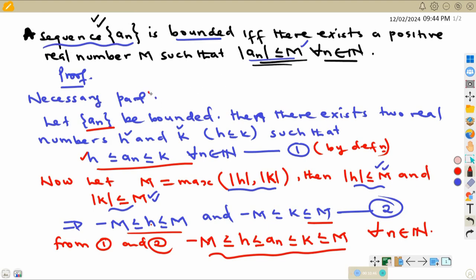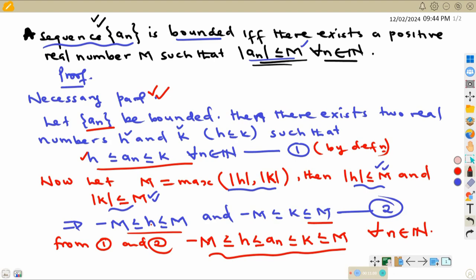So the necessary part will be proved. You started from here, you have got this. That is what we wanted. So next, we shall start with this, then we see whether we shall be able to show that a sequence an is bounded. So that will be the first part of the proof, and that will be proved.